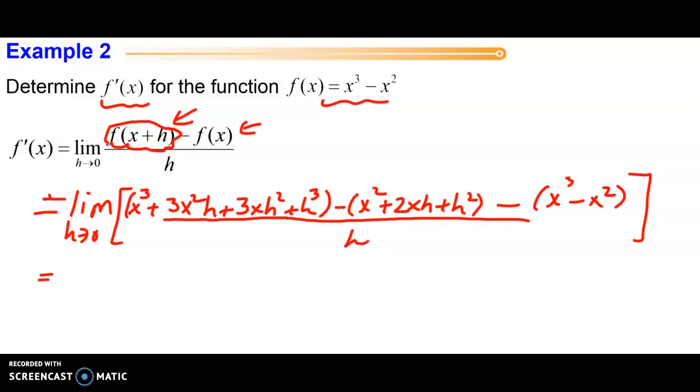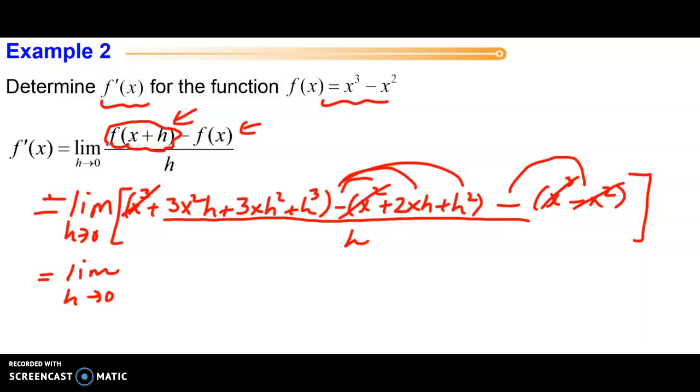So our goal is for terms in the numerator to cancel. When we look at this, we see this x cubed cancels with this x cubed. This subtraction makes this x squared with a subtraction positive. So that's really positive x squared. Now this subtraction will go through, so I will have a negative x squared canceling with this positive x squared.